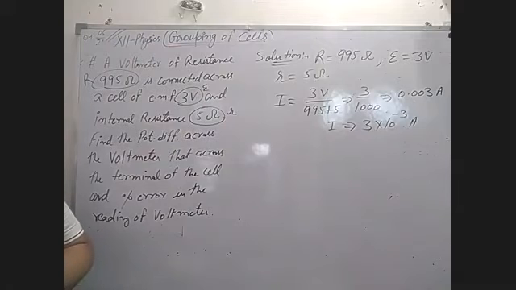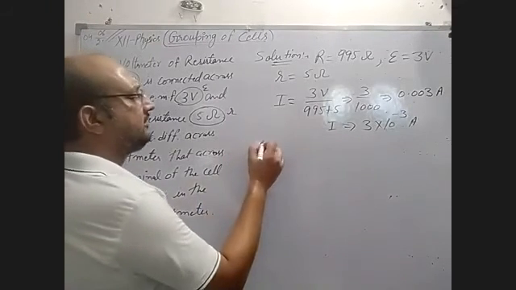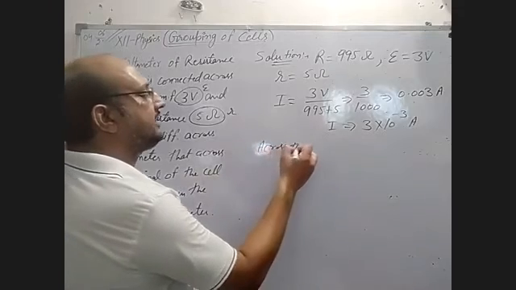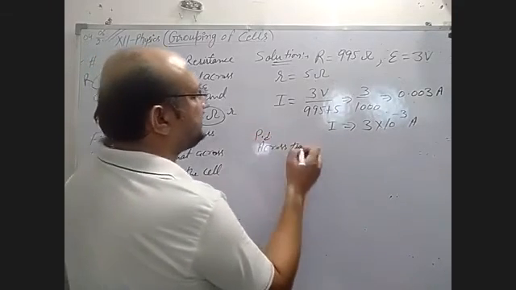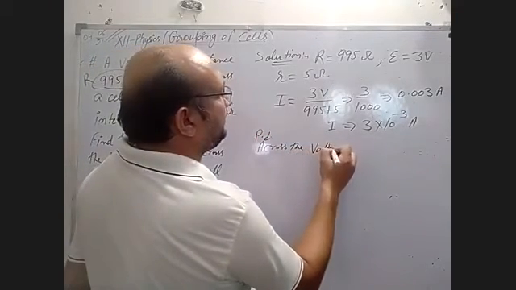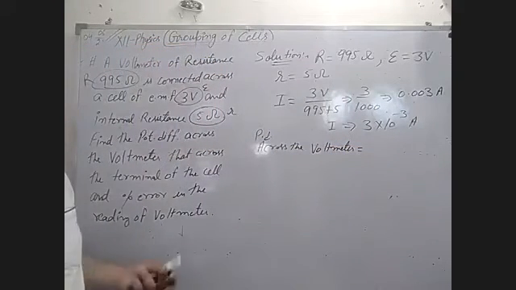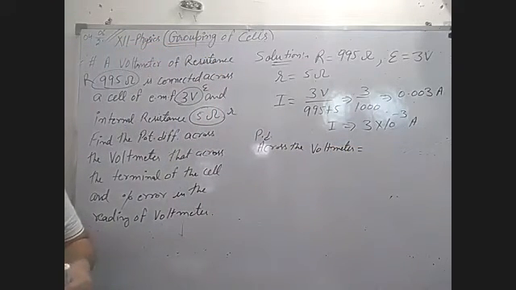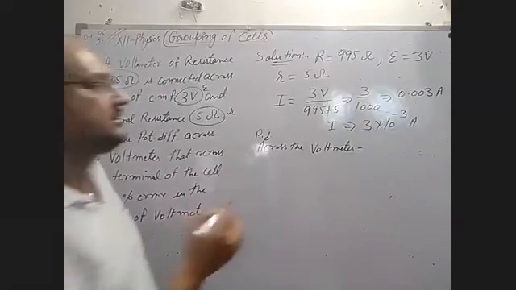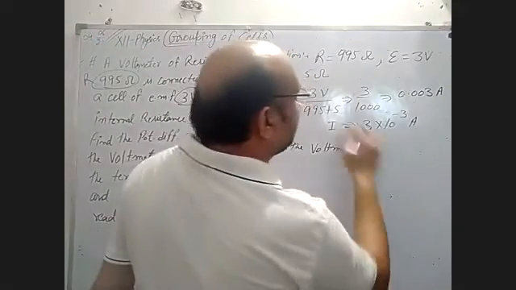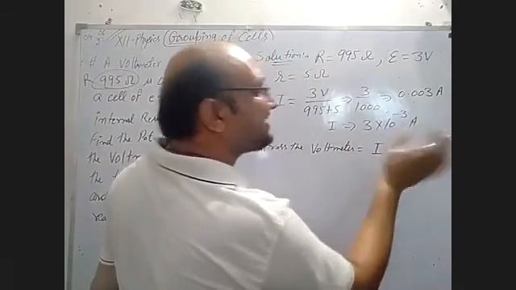Now potential difference across the voltmeter. How can you calculate potential difference? Voltmeter has formula I into R, because I is the current in the circuit and R is the external resistance.